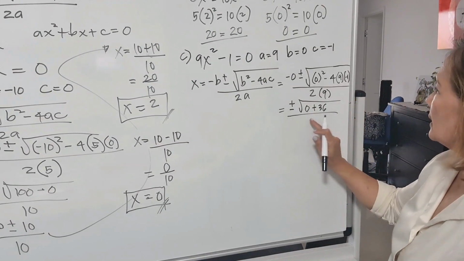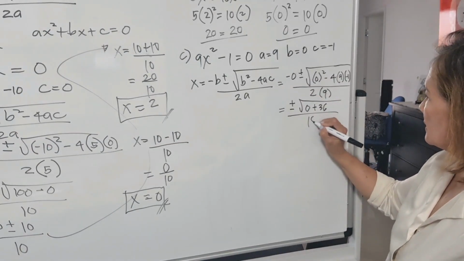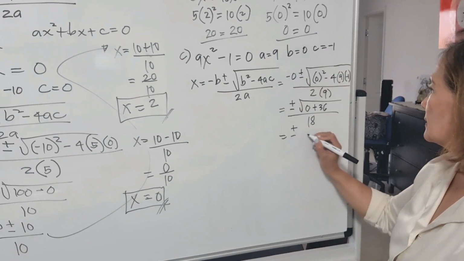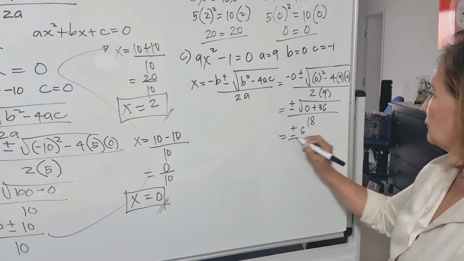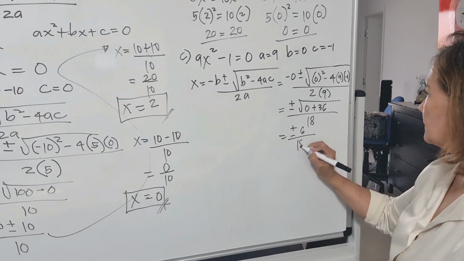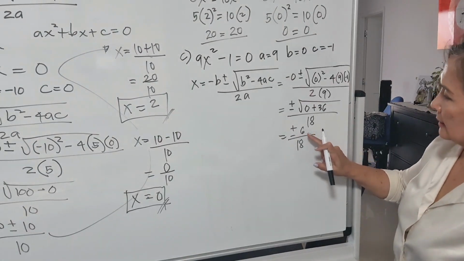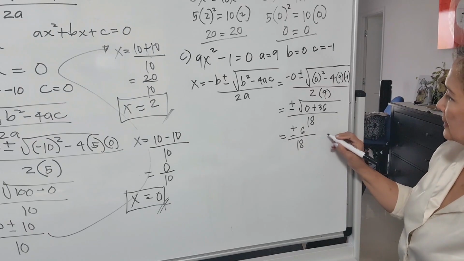And we have here 2 times 9 is 18. We have plus or minus the square root of 36 is 6 over 18. And we can simplify 6 and 18, reducing that to lowest term.